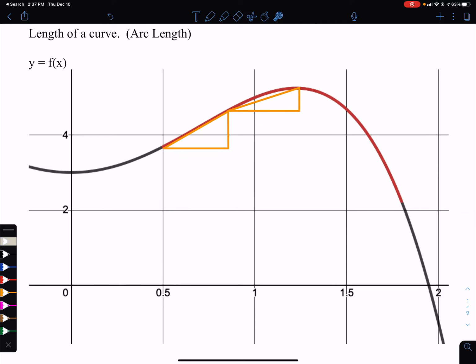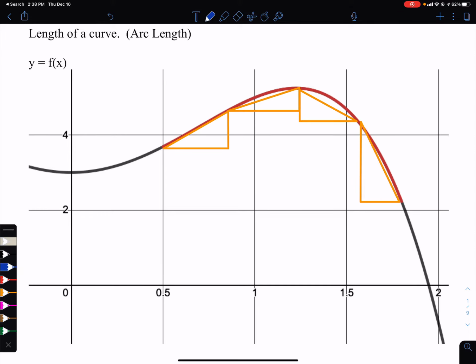And we're going to do another one, where this approximates this. And we can keep going. I'm just going to do one more just to get the point across. So if I were to add this length plus that length plus that length plus that length, that's a rough approximation of my arc length. So that's the concept we're going to build on.